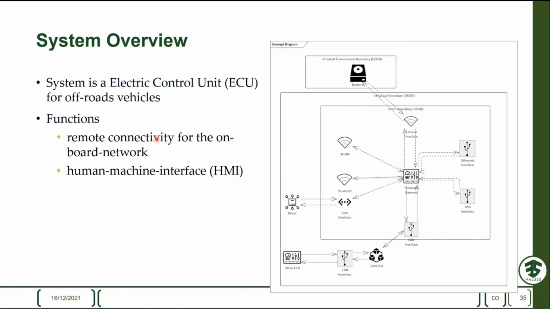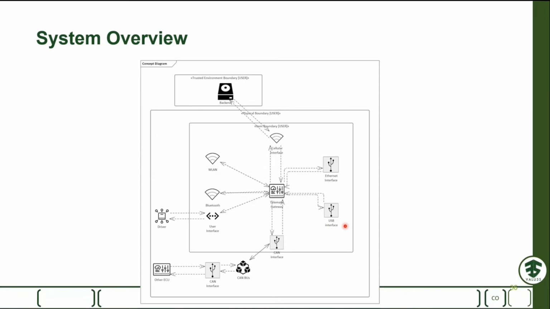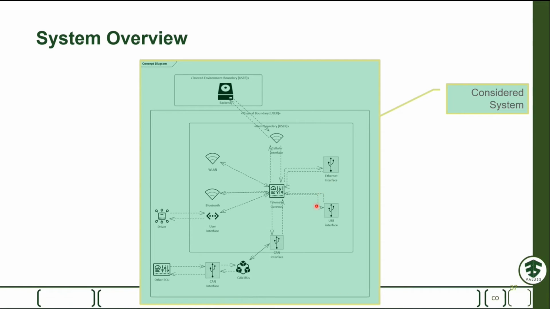This is basically an ECU which has remote connectivity, an onboard network, and a human machine interface. For the analysis itself, we have to consider this whole system, because of the connection from this gateway ECU to the rest of the CAN bus and other ECUs. If an attacker were able to use this, there might be some damage scenario, and we have to consider this backend because there's an interface, there's a connectivity, which could also be used.